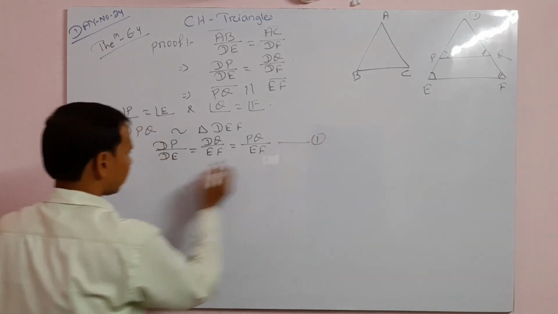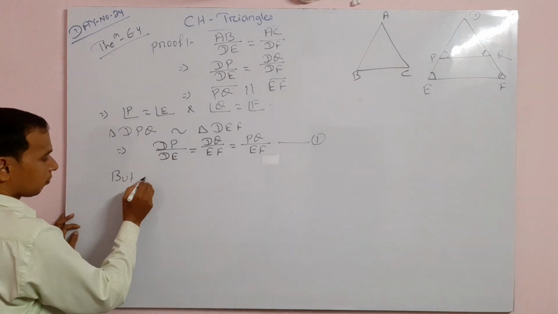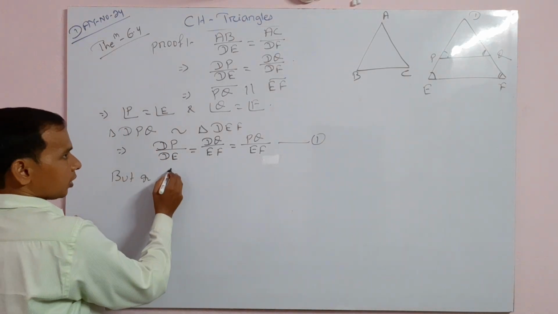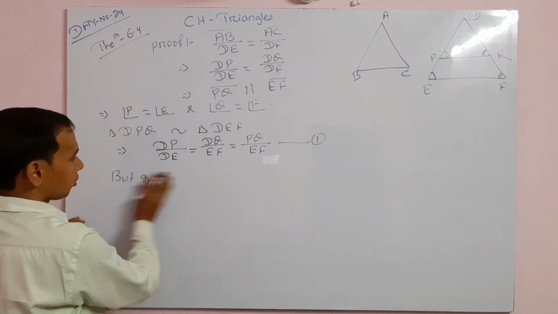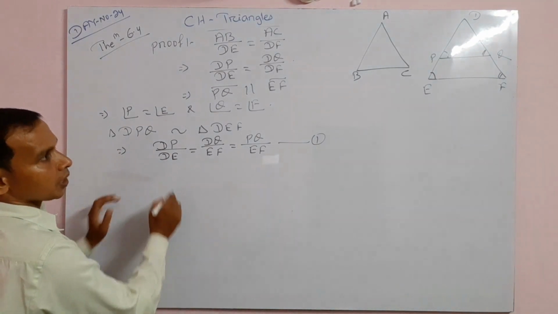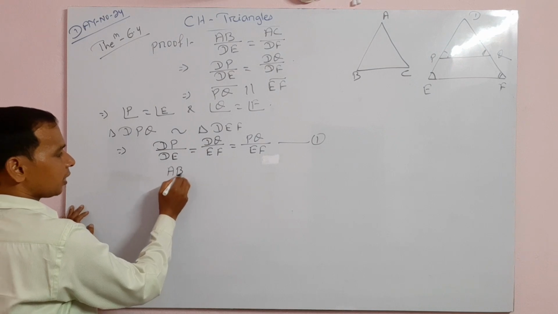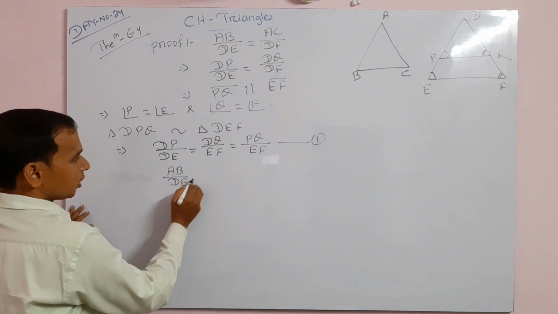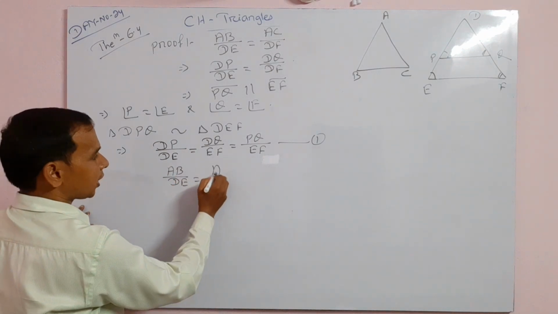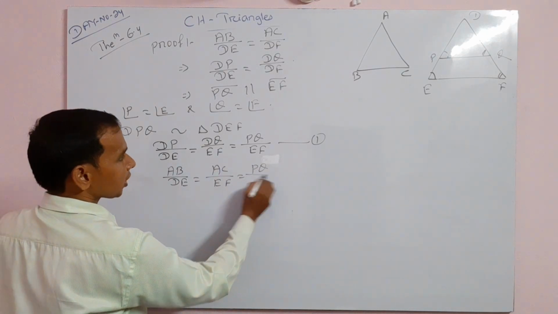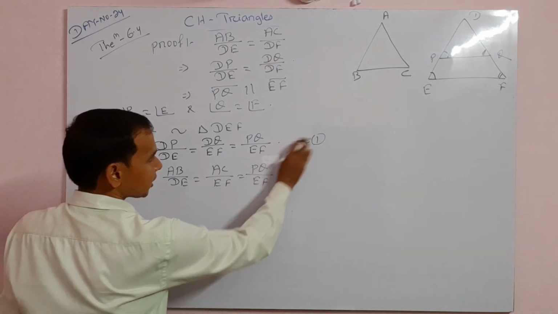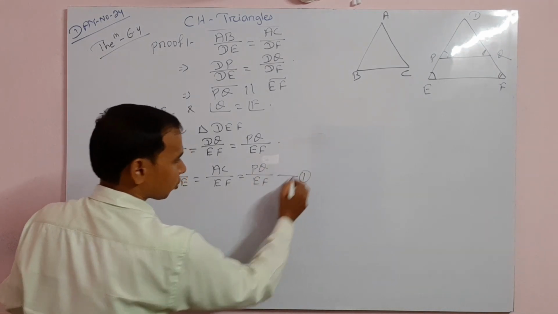This is equation 1. But given, in place of DP you write AB, in place of DQ you write AC: AB by DE is equal to AC by DF equal to PQ by EF. This is equation 1.